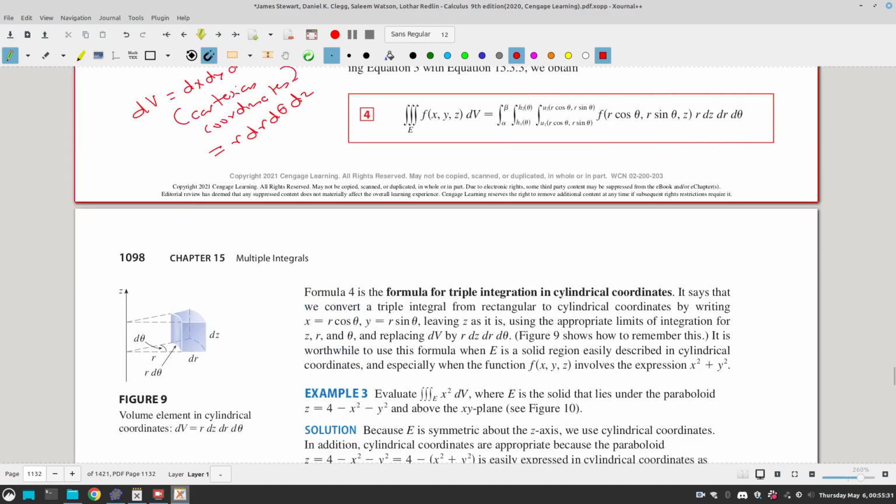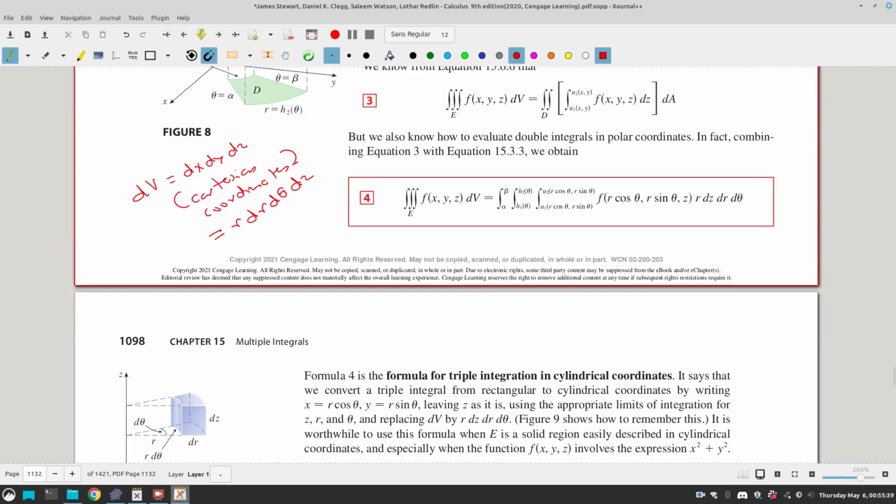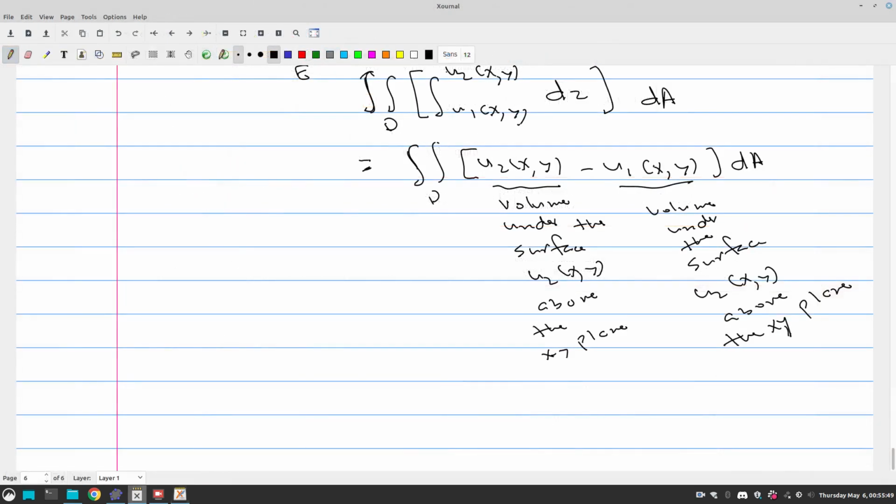So if you would like to integrate triple integrals in cylindrical coordinates, you basically change your x, y to r cos theta, r sin theta. So this is the formula.